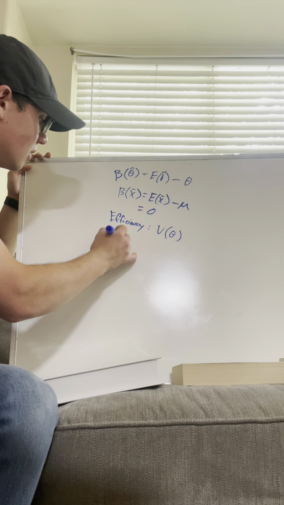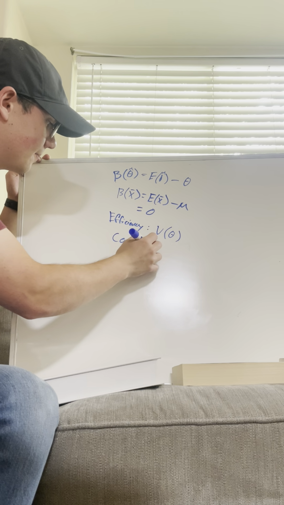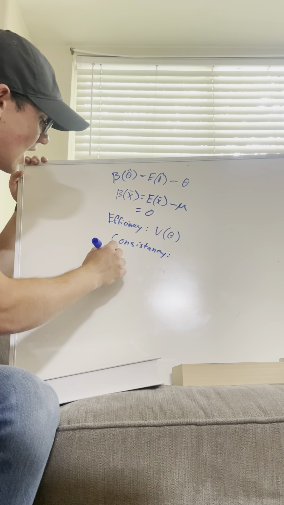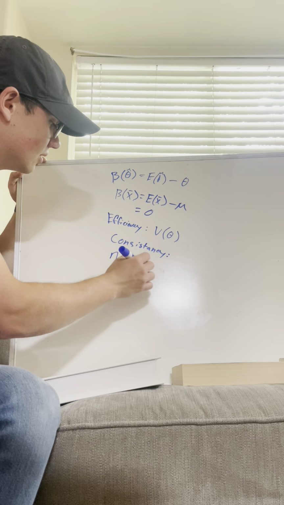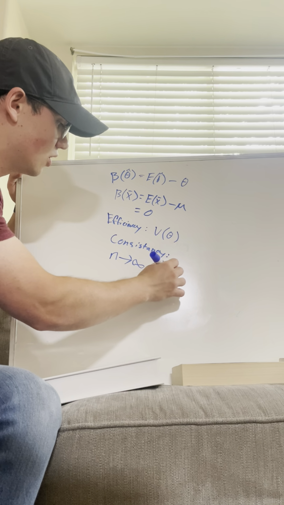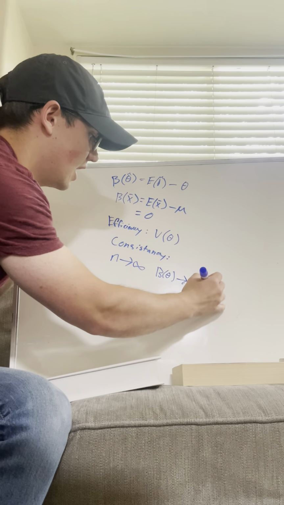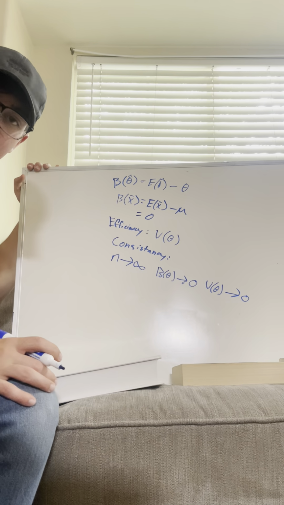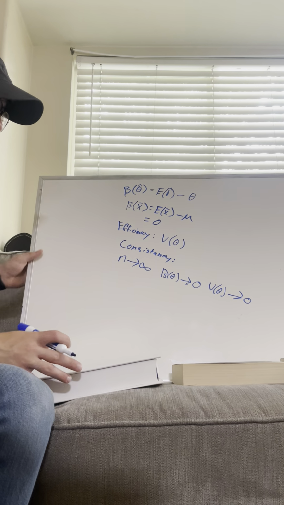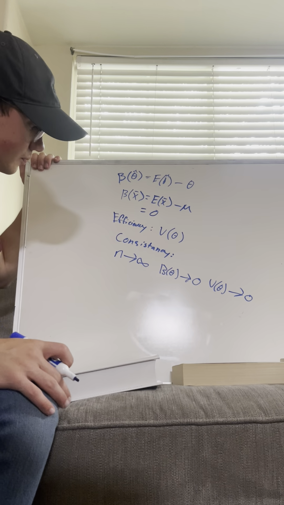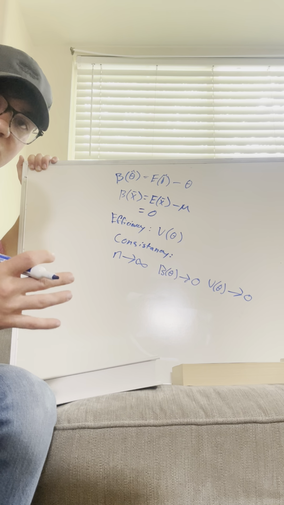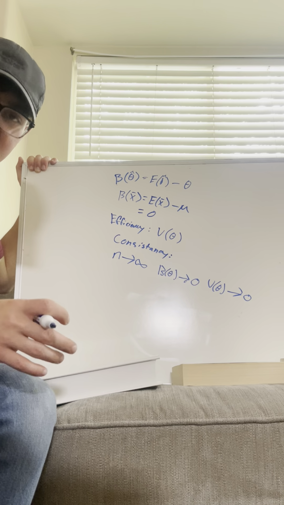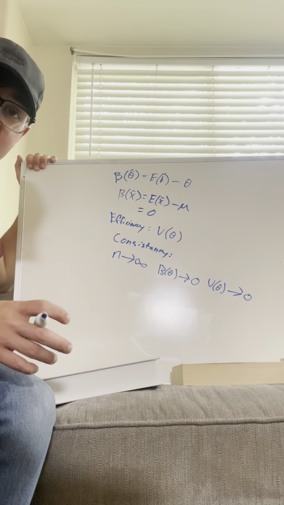Consistency is the idea that as n goes to infinity, bias goes to 0 and the variance goes to 0. So what this is saying is that as you increase your sample size, your estimator becomes increasingly consistent in the values that it gives you.